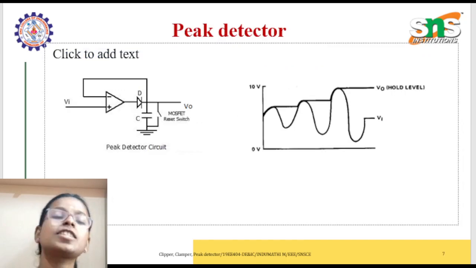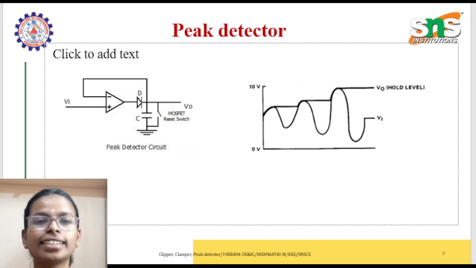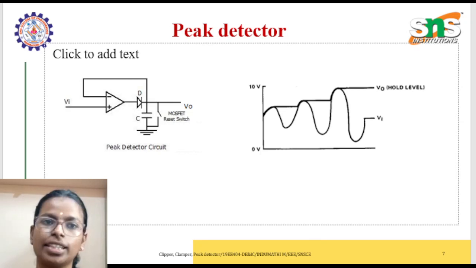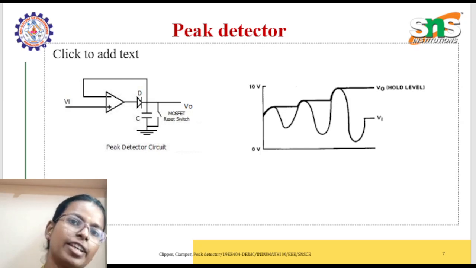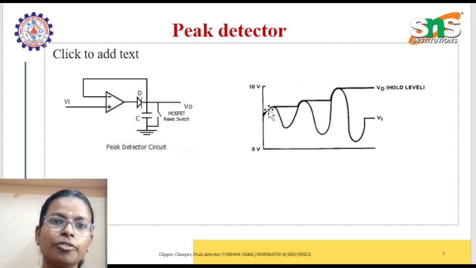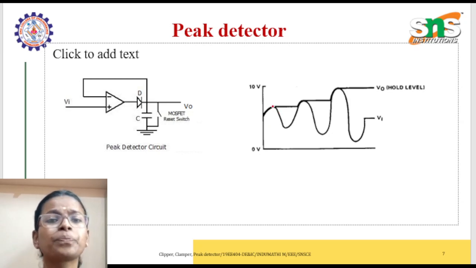Next one is peak detector. From the name, you can easily identify what a peak detector is. We can detect the maximum voltage. That is the work of the peak detector. You can refer to the graph and easily understand. For example, initially we are giving some voltage, say 5.